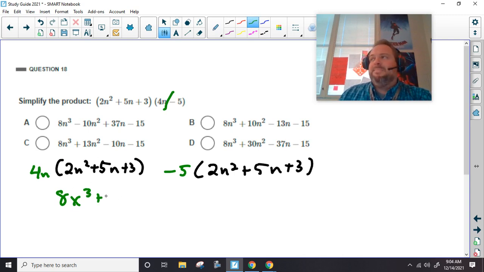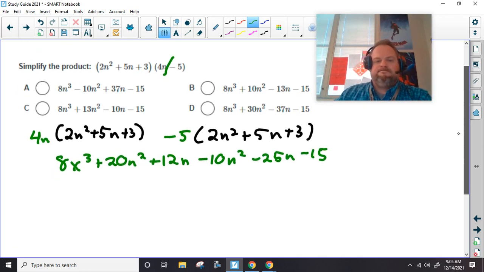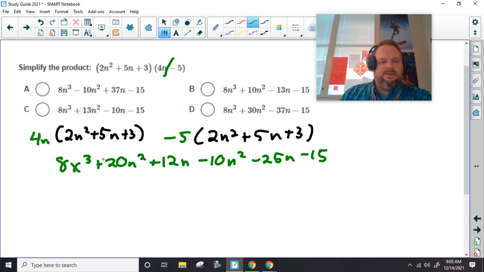Yeah, you can do the box method with this too. All right, so 8 to the third.